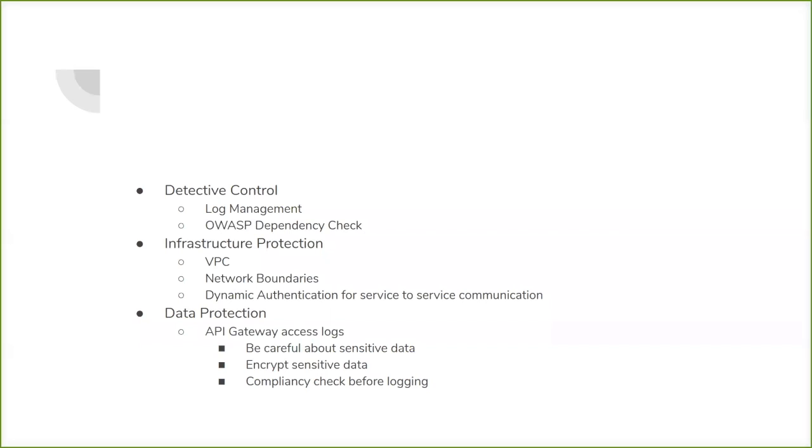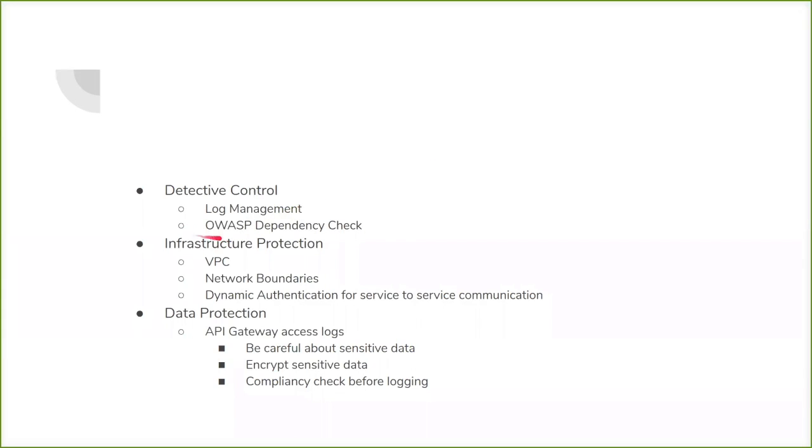And next up, let's talk about the detective controls. Always you can use your logs to detect if someone tries to do something wrong in your application. And another thing you can always do is you can check your code and dependencies using open source tools like OWASP.